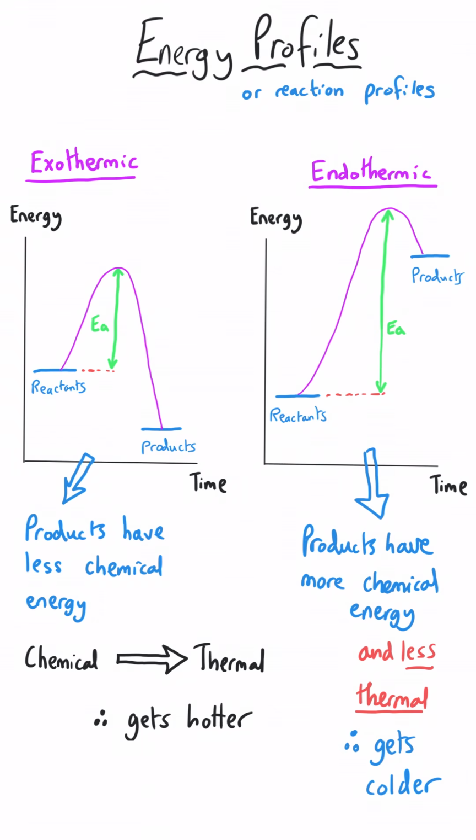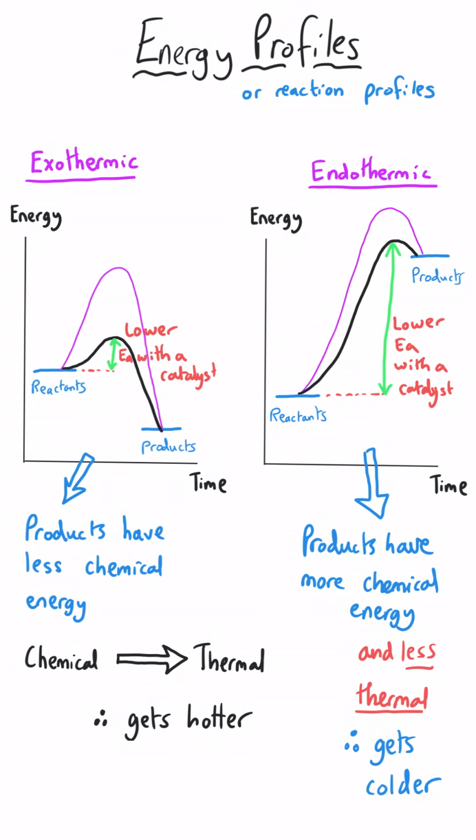If we add a catalyst to this, what we do is we redraw this reaction profile kind of hill shape, and the peak of this hill is lower than previously, again symbolising the fact that the activation energy has been reduced significantly, and so therefore a lower energy collision will now result in a successful reaction.